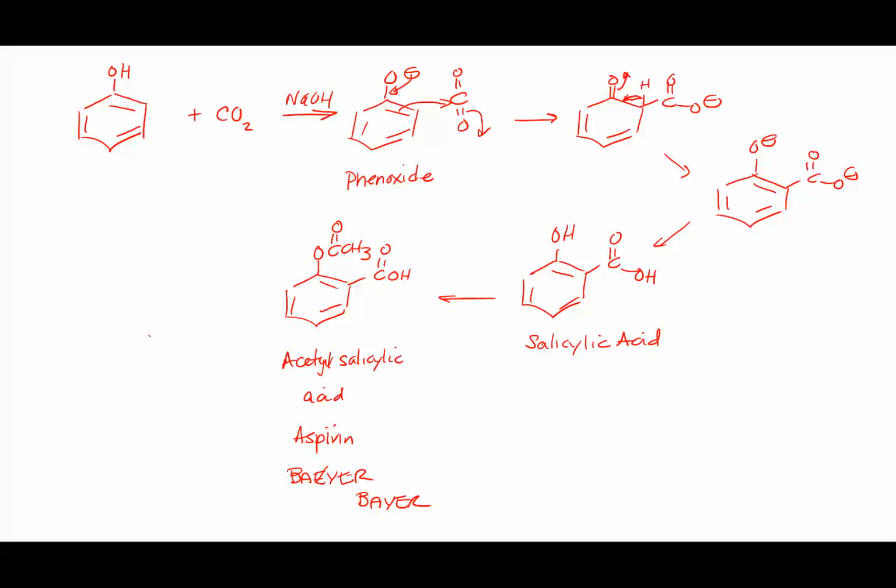How would we go from that OH to the OCOCH3? Oh, good question. How would we do that? I believe you are one slide away from the answer. One slide backwards. So how could I do that reaction?